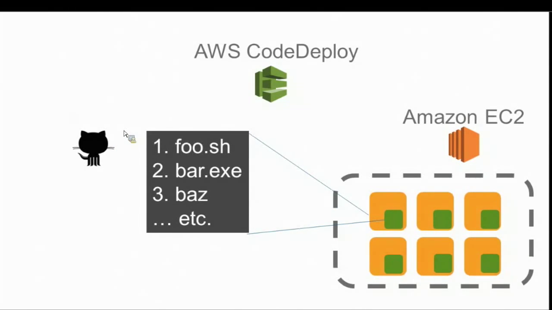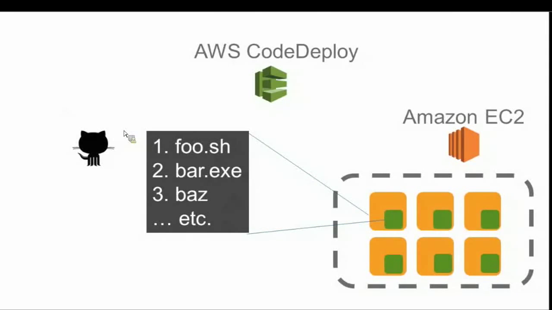That app spec file that I mentioned a little bit ago is essentially a list of commands that will run on your behalf, and they're organized into what we call lifecycle events. These lifecycle events are specific plugin points where a customer would naturally want to take an action.